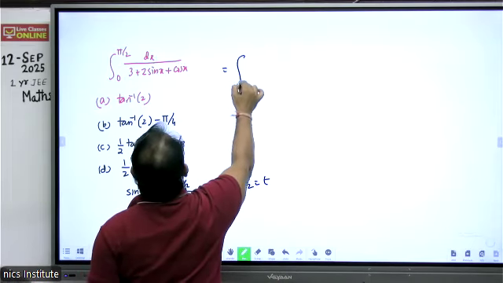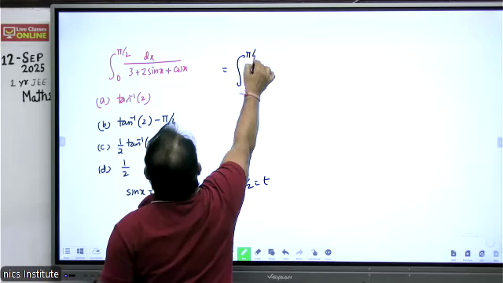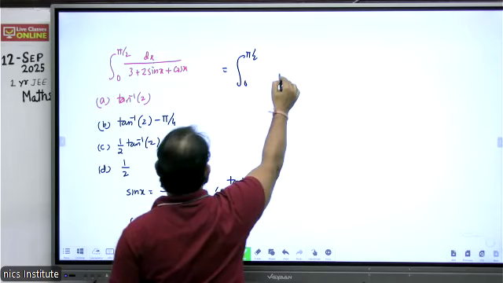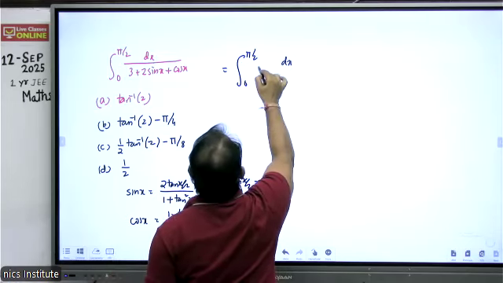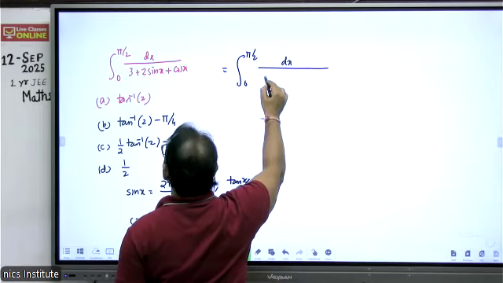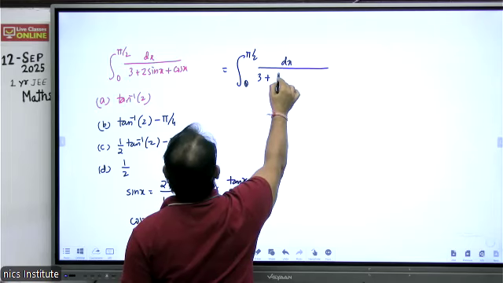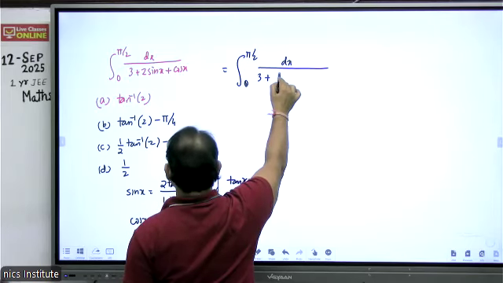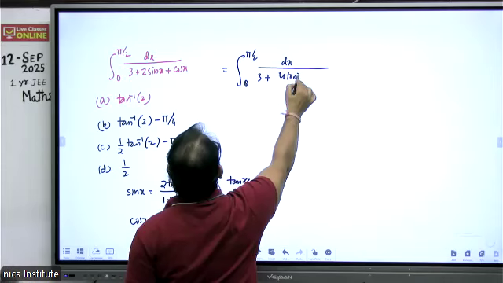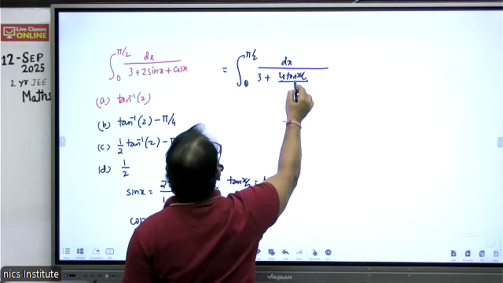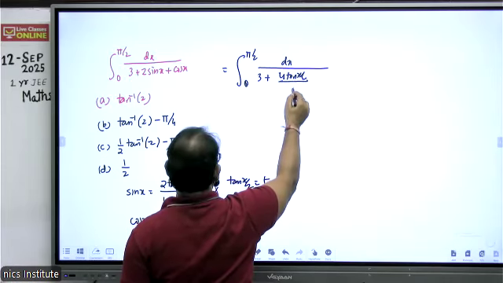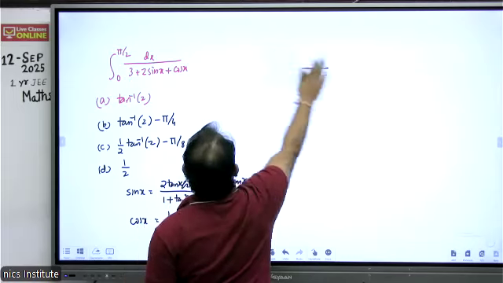So this is 0 to pi by 2. 3 plus 2 sine x. That is 4 tan x by 2. Or else you can substitute t directly also, no?